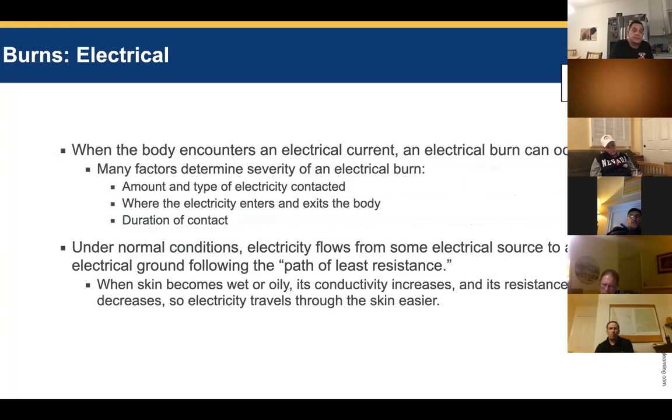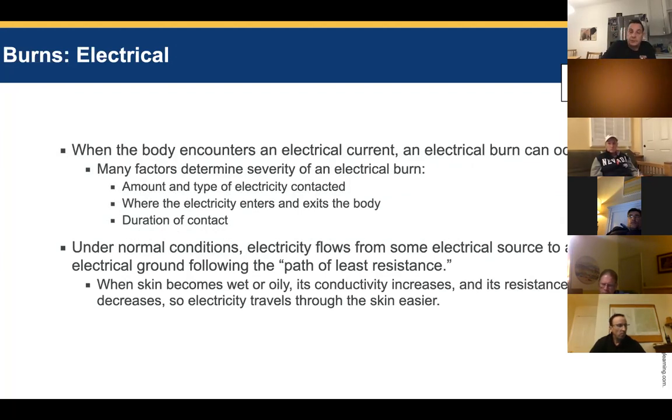Electrical burns. When the body encounters electrical current, an electrical burn can occur. Many factors determine severity of electrical burn: amount and type of electricity conducted, where electricity enters and exits the body, duration of contact.